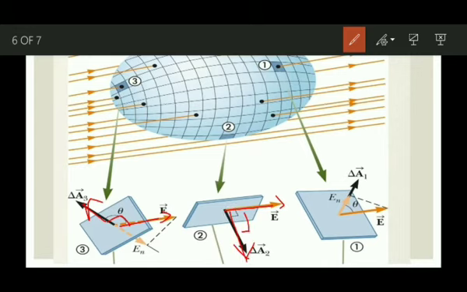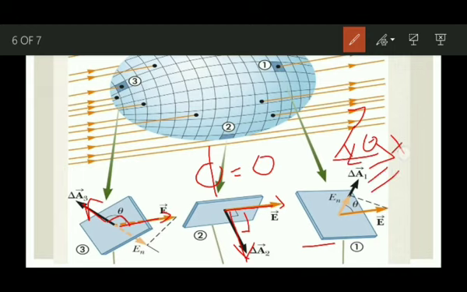So here the electric flux is equal to 0. And in this diagram you can see that the electric field and area vector form an angle theta which is less than 90 degrees. So in that case it forms a positive flux. This is called the outward flux, which is always positive; this is called inward flux, which is always negative; and forming 90 degrees is always 0.